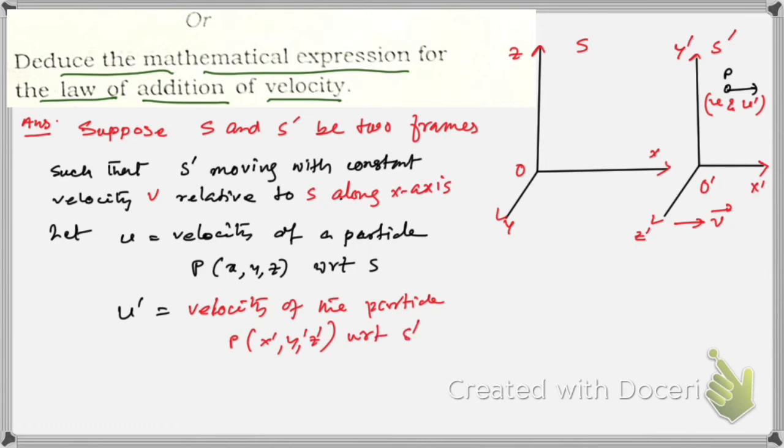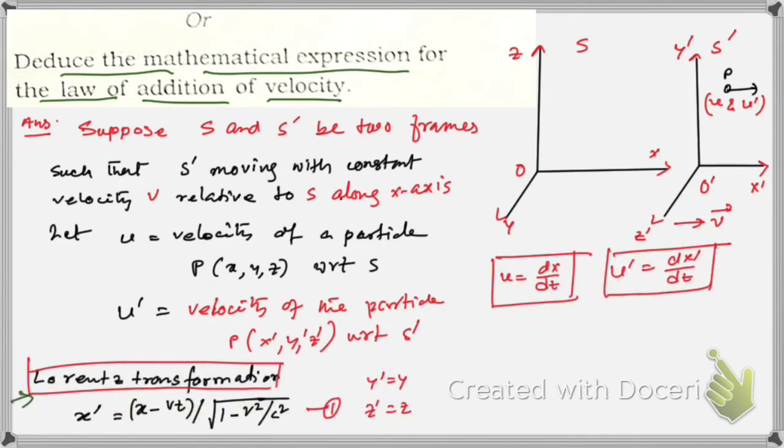Now you see, by the Lorentz transformation, we have x dash is equal to this, equation number 1, and as the frames are moving along the x-axis, y dash and z dash remain the same as y and z, right? And the velocity of the particle P with respect to the S frame is u equal to dx by dt, and with respect to S dash you can write u dash equal to dx dash by dt dash, right?